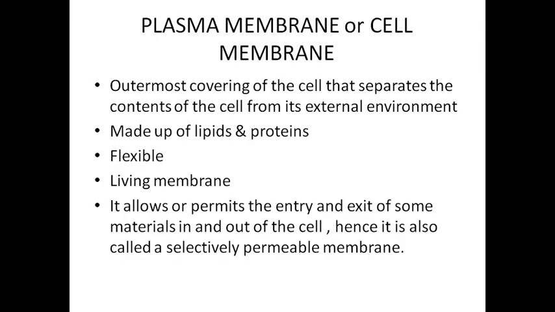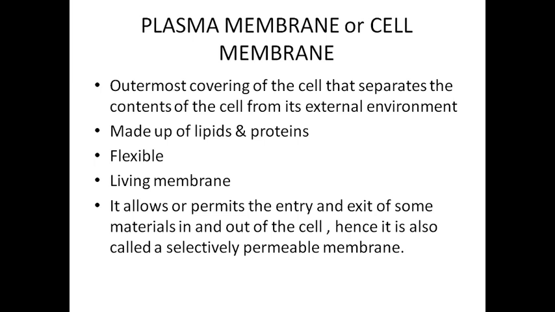So first, when I am talking about the plasma membrane or the cell membrane, I would say it is the outermost covering of the cell that separates the contents of the cell from its external environment. You know, the cell and the external environment, there's a separation, and this outermost covering of the cell is what we call the plasma membrane.